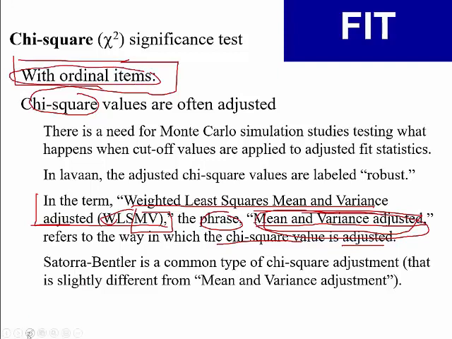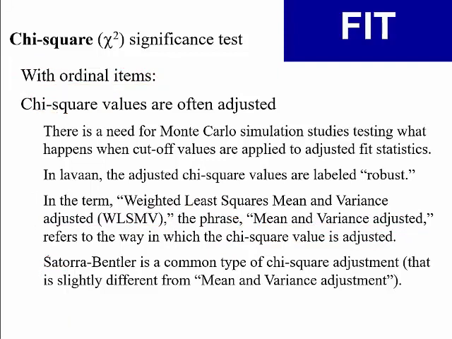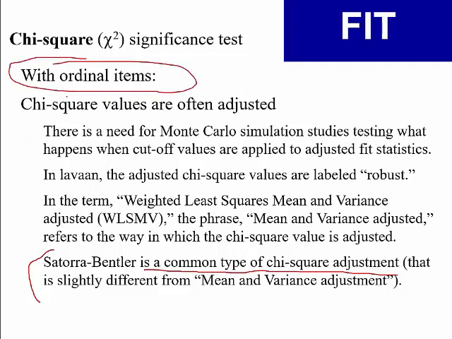Another way to think about it is the Satorra-Bentler adjustment. This is a bit older, but it used to be a fairly common type of chi-square adjustment. These two are slightly different approaches. They're not exactly the same thing. The key thing to note is simply that when you have ordinal or discrete items, it is common practice to give an adjusted chi-square.